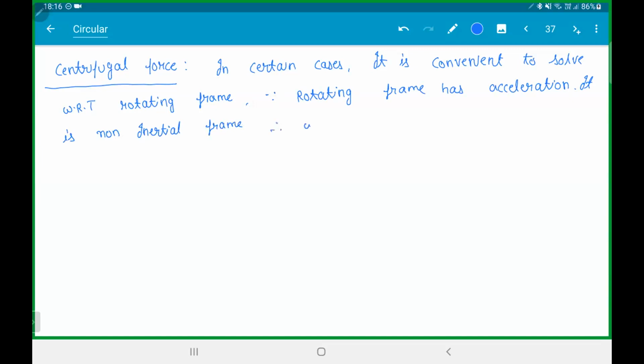Therefore, we need to apply a pseudo force. This pseudo force is called a centrifugal force.